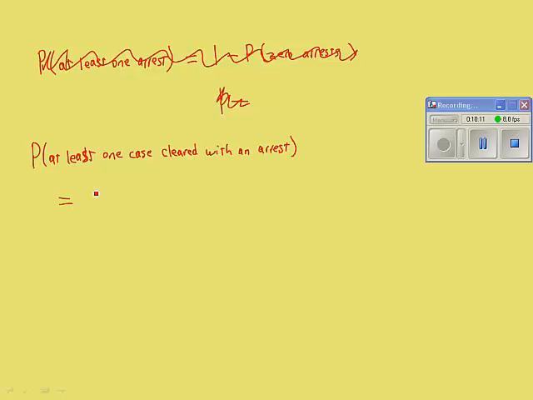So this equals 1 minus the probability that no cases are cleared with an arrest.